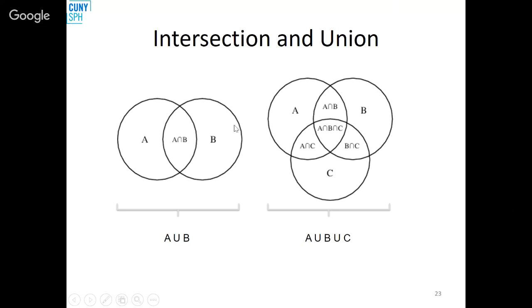So these are what we call Venn diagrams, and they're just a visual way of demonstrating some of these things. If A and B are 2 events, then the intersection is the overlap of those 2 circles. With 3 events, say cancer, diabetes, and heart disease, this is the very unlucky intersection of having all 3, and we have some lesser unlucky intersections of having 2 of the 3 diseases.